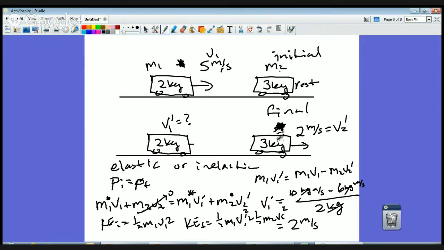And we had 4, so we had 10, right? So 1/2 of 2 times 4 is 4, plus 6, 10, yeah. So I started with 25 joules. I ended up with 4 plus 6, 10 joules, right? So that means it was inelastic.